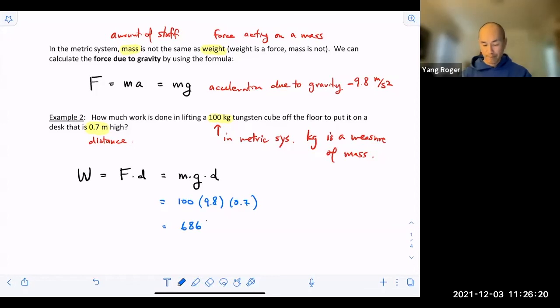So the units for this are going to be Newton meters. So the force, when you use these common units of mass, is going to be a Newton, and the distance is measured in meters. So this would be our answer.